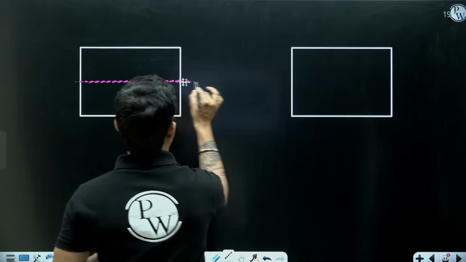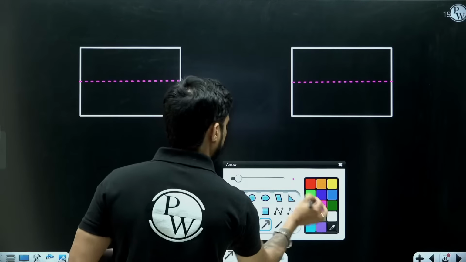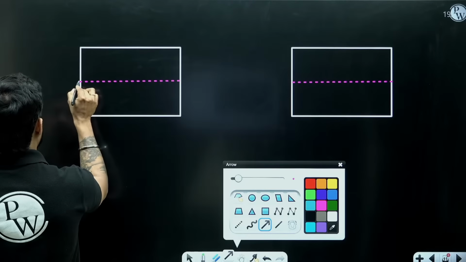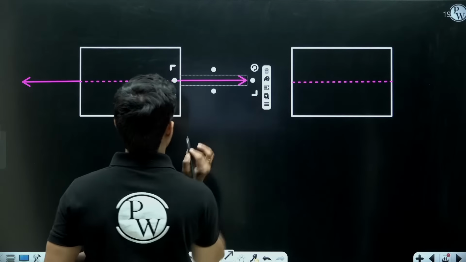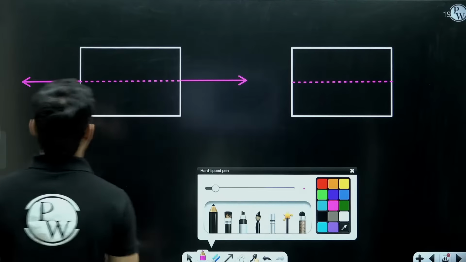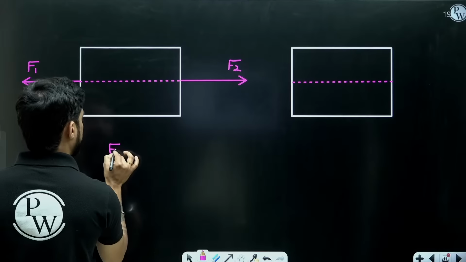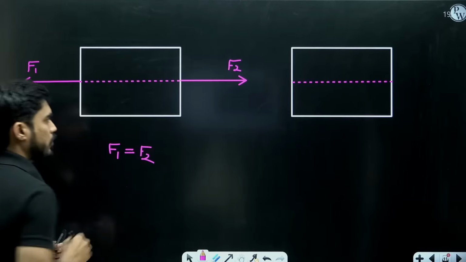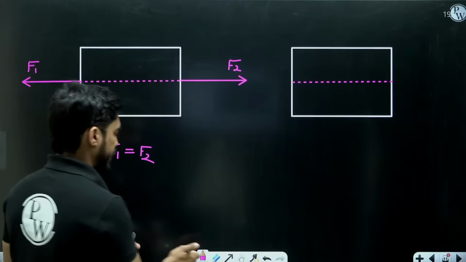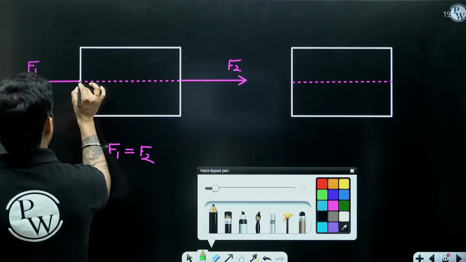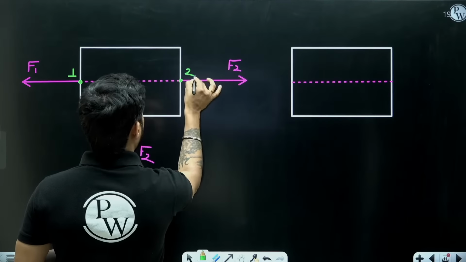Let's say one force is acting like this, one force is acting like this. Let's say this is F1 and this is F2. F1 is equal to F2. So we have two equal and opposite forces. Now let's say F1 is acting at point 1, F2 is acting at point 2.